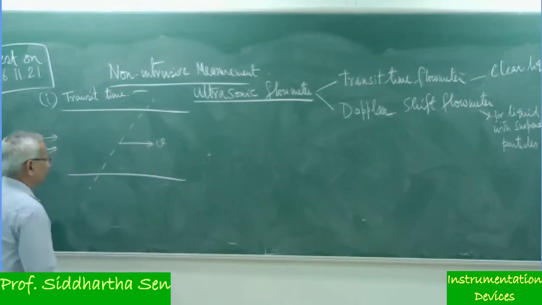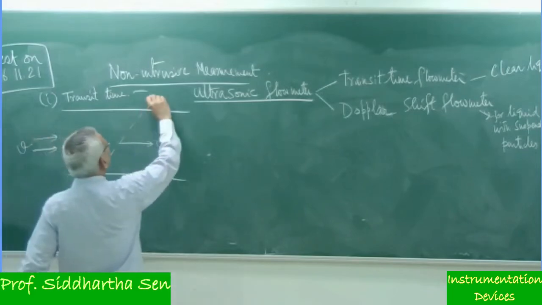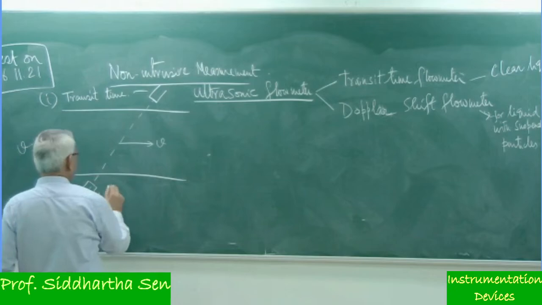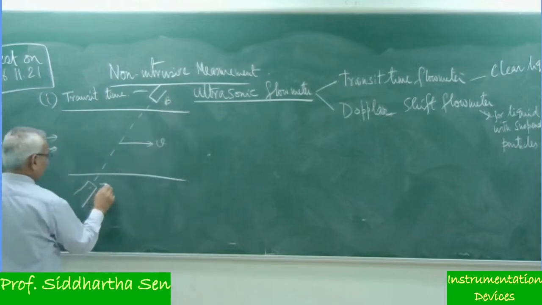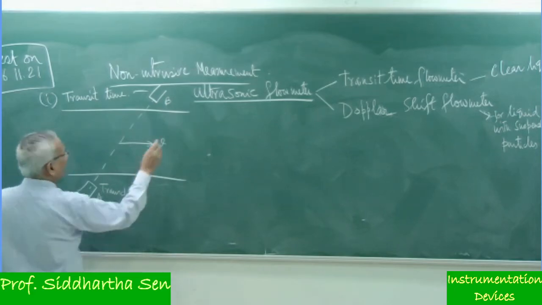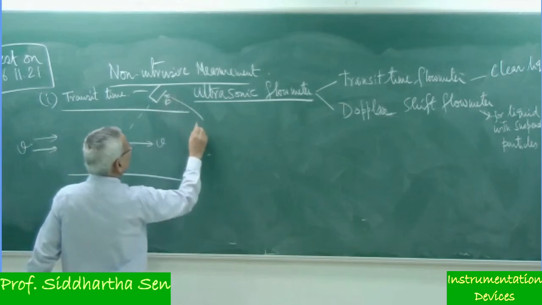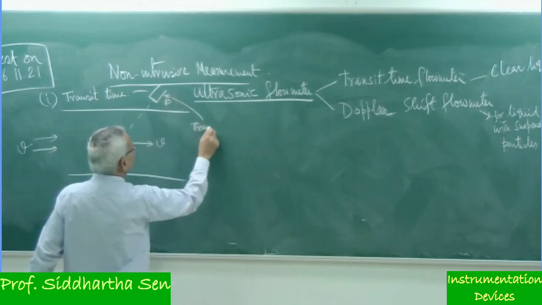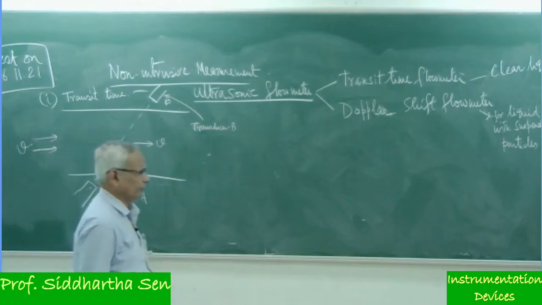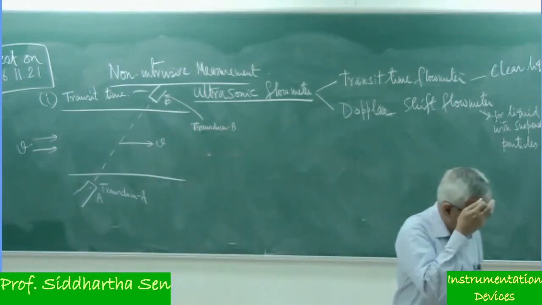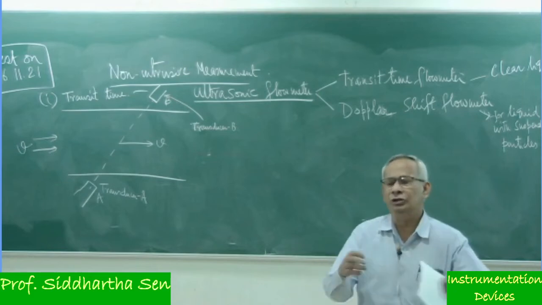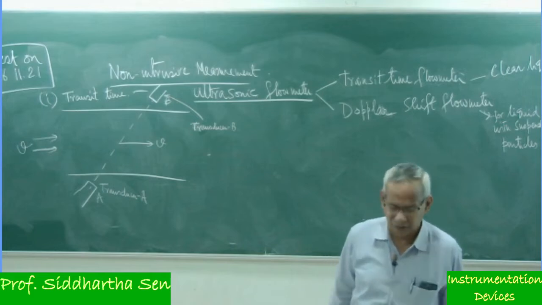So this is your velocity V and we place transducer A and transducer B. Basically, as I told, why you use the name transducer instead of sensor is because it could be used as a generator of ultrasound or as a receiver of the ultrasound.